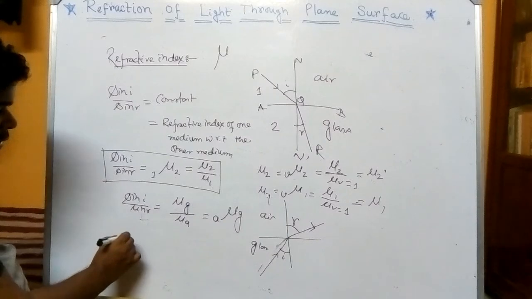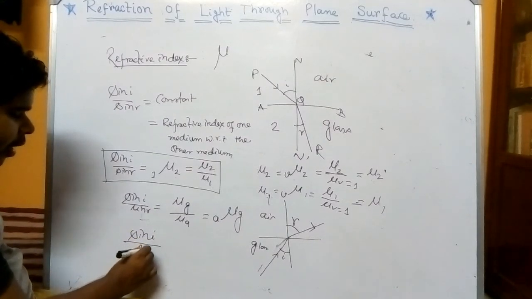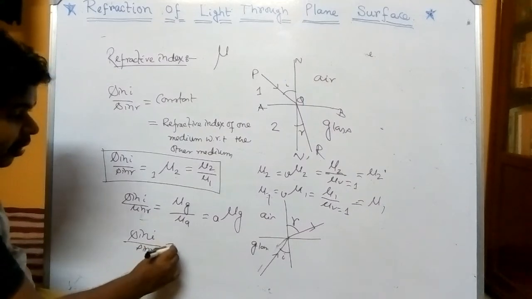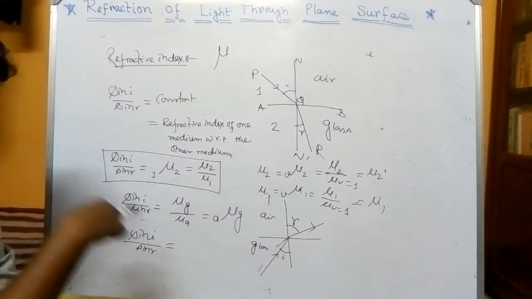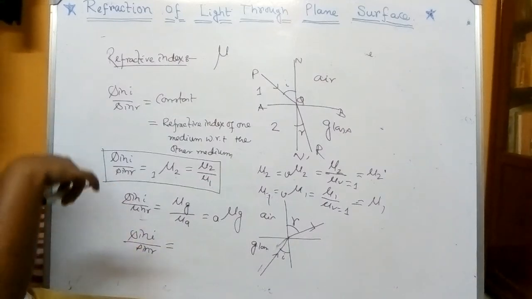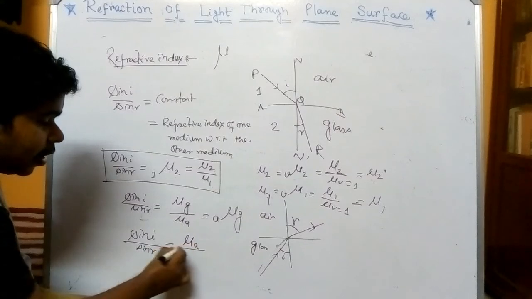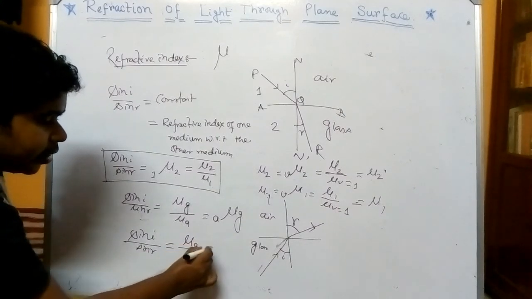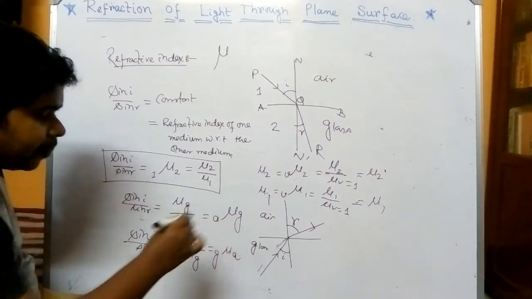Here also we have to find sin i by sin r, but the refractive index is measured with respect to the medium from which the light ray is incident. So it is the refractive index of air with respect to glass, which can be written as gμa.